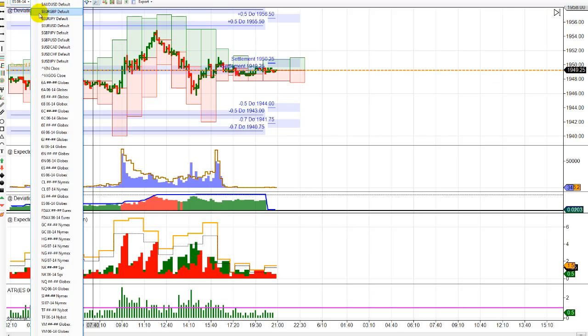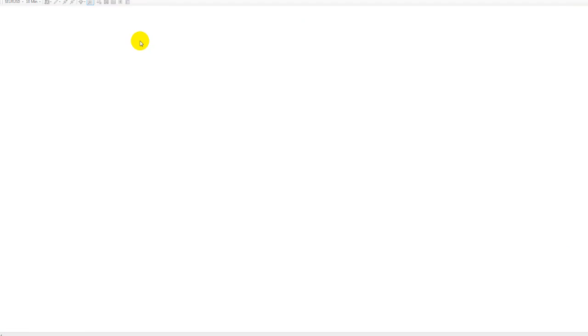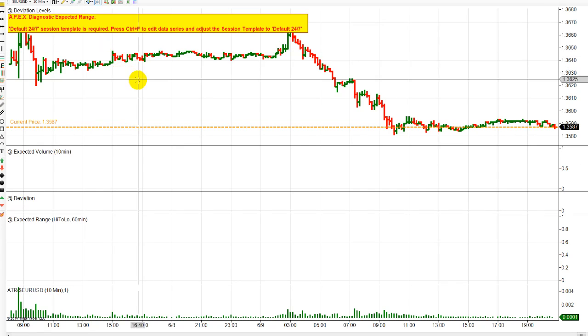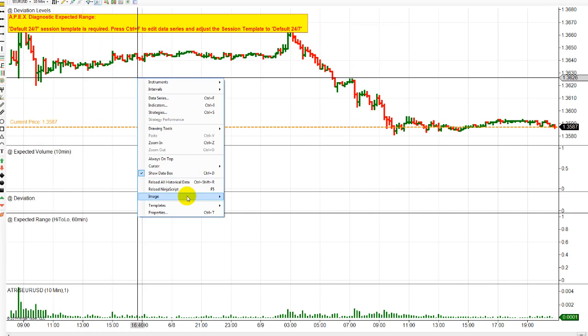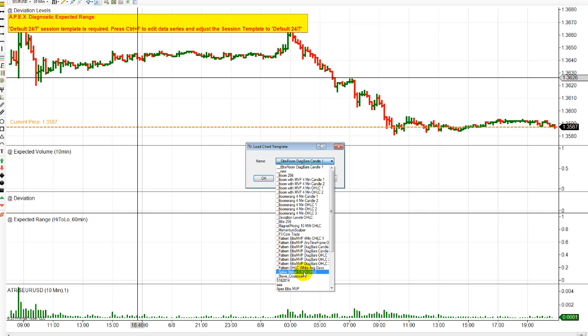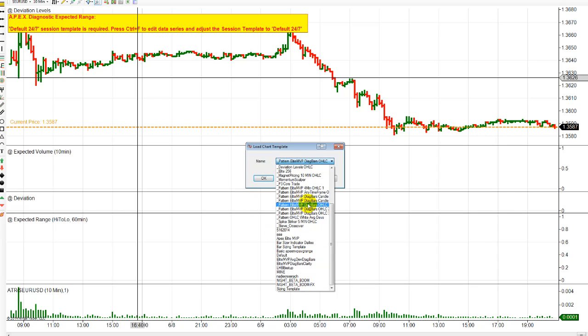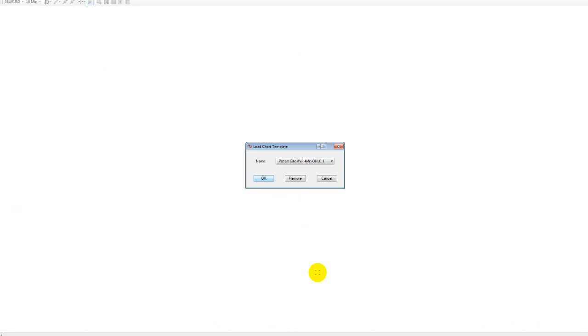So if I go over here and I go to say euro dollar, here, let me load this up. Euro dollar's probably the best example on top of that, but let's see here. What do we got? 4 minutes. Okay.